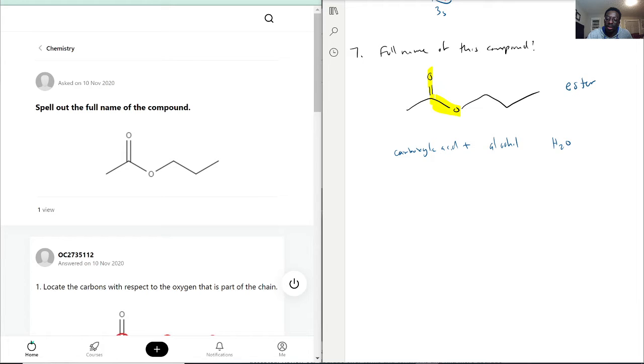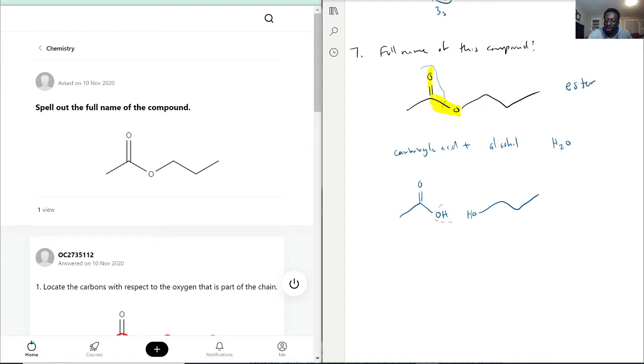This is what the carboxylic acid would be. The alcohol, on the other hand, would be like that. And now you can see how the H2O leaves, because when these two bond, there we have 2 H's, 1 O, they leave, and that's how we get this ester, hence the name esterification.